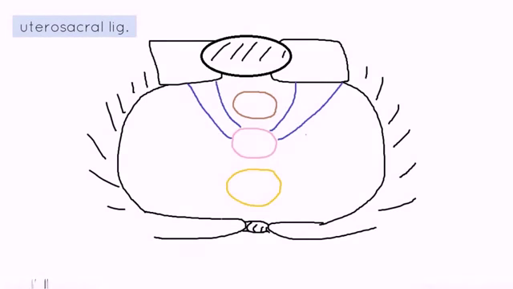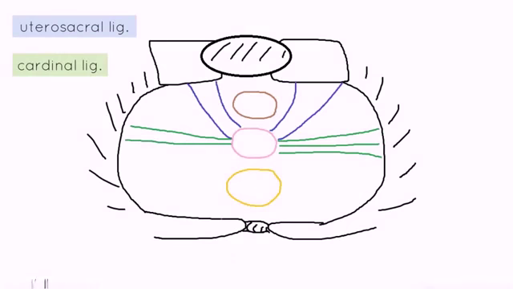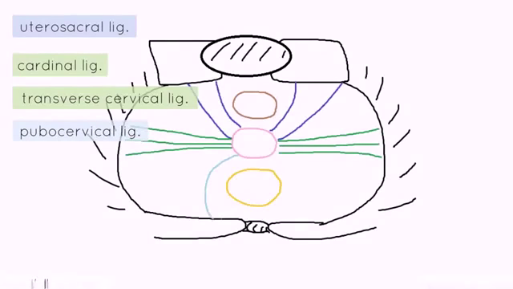And then you've got the thickening of fascia which extends from the cervix to the lateral side walls of the pelvic cavity. So these thickenings of fascia are called the cardinal ligament, or the more descriptively named transverse cervical ligaments. And then extending anteriorly you've got the pubocervical fascia which extends onto the pubis of the pelvic cavity.